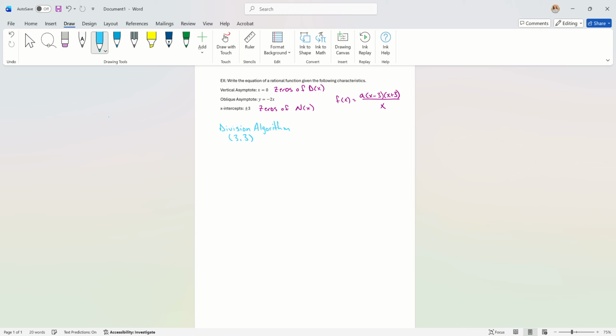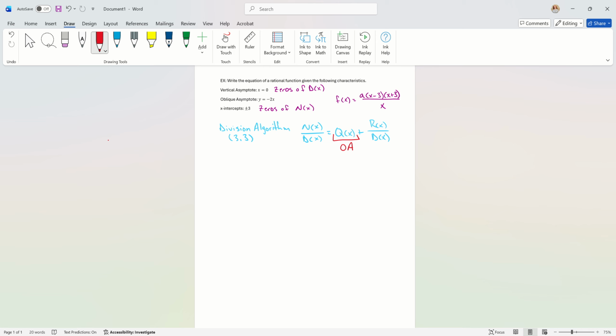In the division algorithm, if you take one polynomial and divide it by another polynomial, you get some polynomial q plus the remainder over the divisor. Well, in this circumstance, q is the oblique asymptote. And our remainder, we don't know what that is, but the divisor is x.